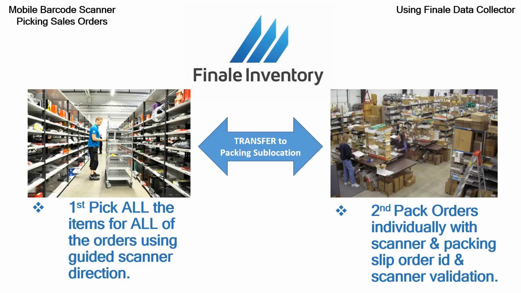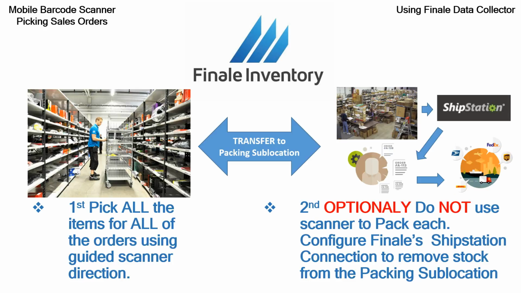Now there's a second option here that we can set up. Sometimes people say they love the consolidated pick operation, but they may not want to scan and pack each individual order individually. Well, if you're using software like ShipStation or Shipping Easy, we can configure our integration with that to have ShipStation decrement all of the items from the packing sublocation as opposed to a warehouse sublocation.